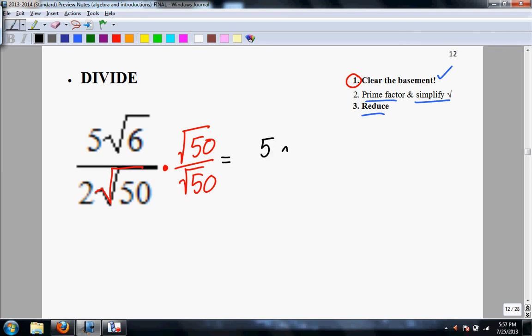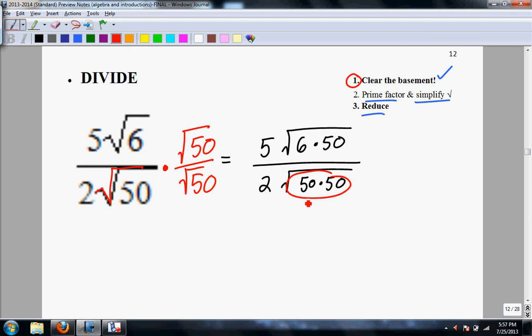That's going to become 5, and we have root 6 times root 50, and then down here we have 2, and then we have root 50 times root 50 down below underneath the radical sign. Now how does that clear the radical? Technically here the 50s are a pair, so they can come out. So our first step is going to end up like this.